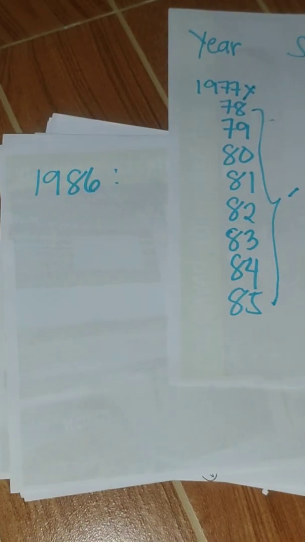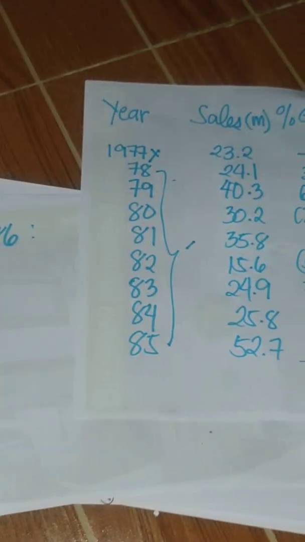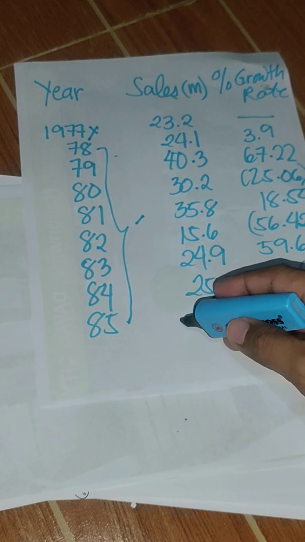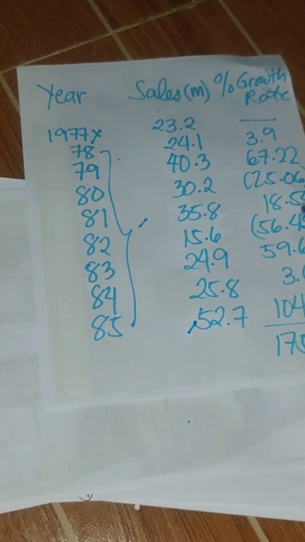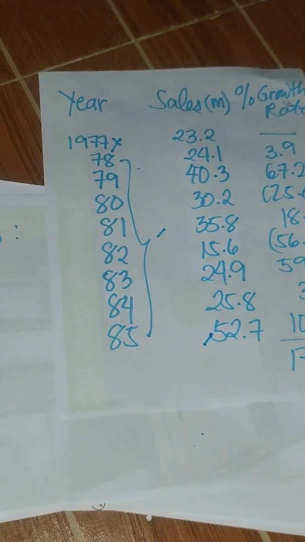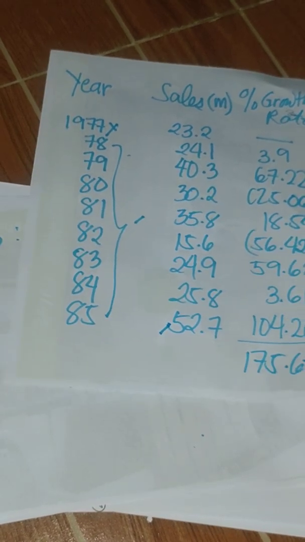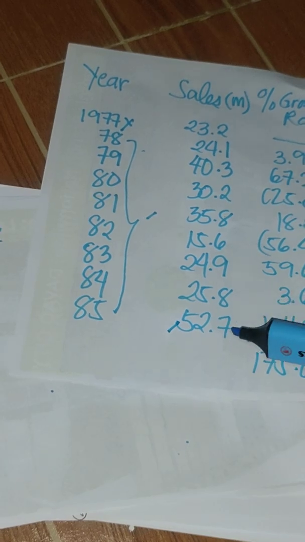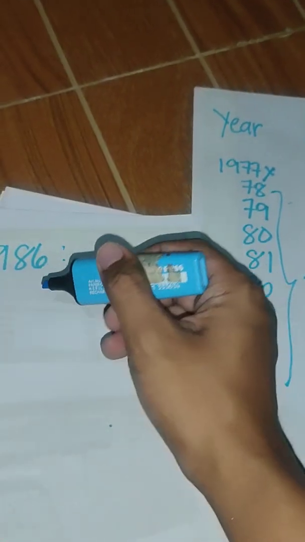So, in finding the answer for 1986, we need to find the total sales or kung asa ta makuha og sales. So, kung asa ta mag-base sa sales, is that we need to base the latest na sales. Despite sa kadaghan sa sales, we need to base the current sales. Current sales is 52.7 million.